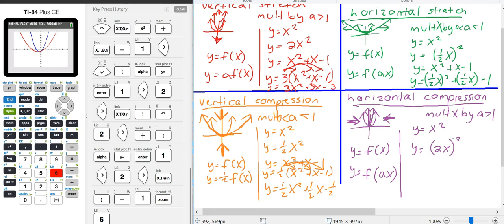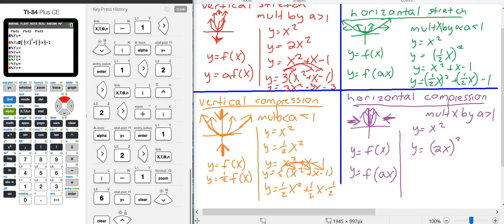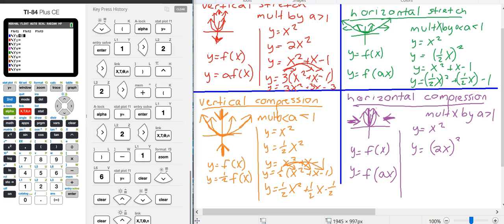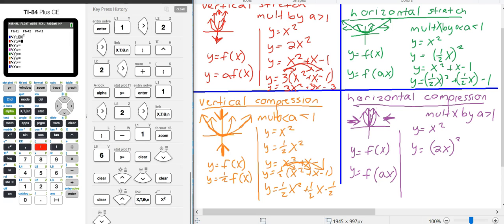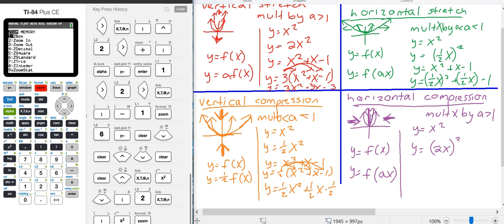So this becomes y equals (2x) squared. We're squaring the whole x term, and the 2 is now attached to the x. So let's graph these two. The original is y equals x squared, and the new one is y equals (2x) squared. The original, and that is the compressed function. Notice how it got narrower.